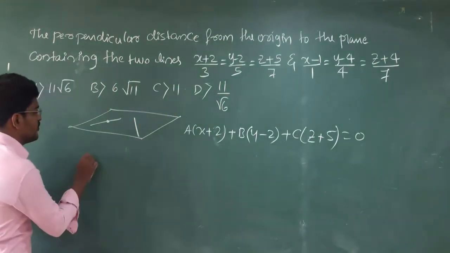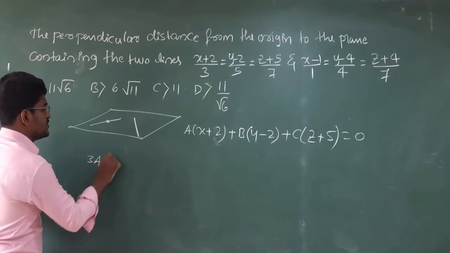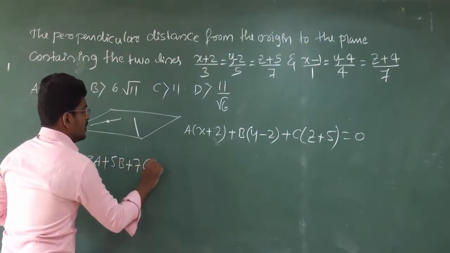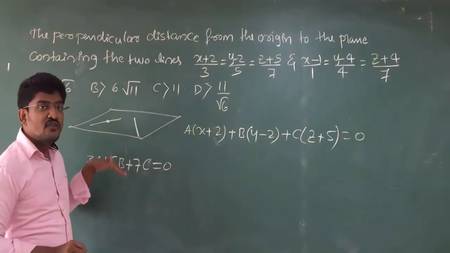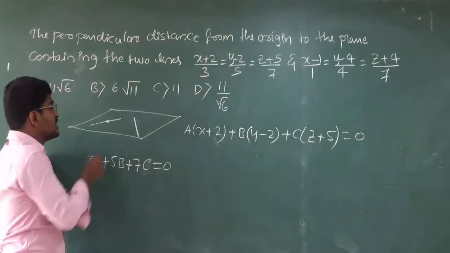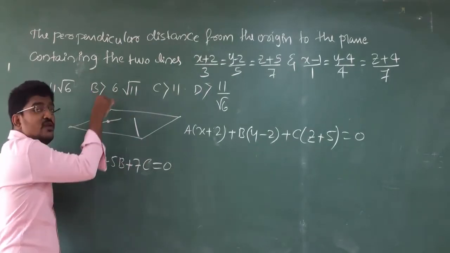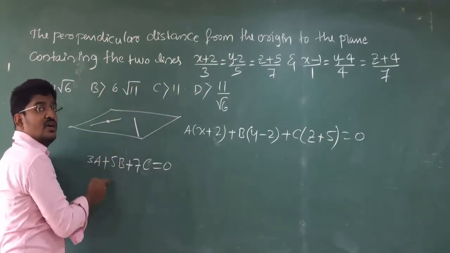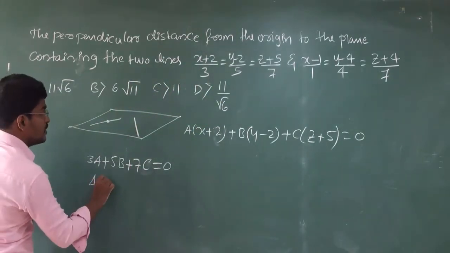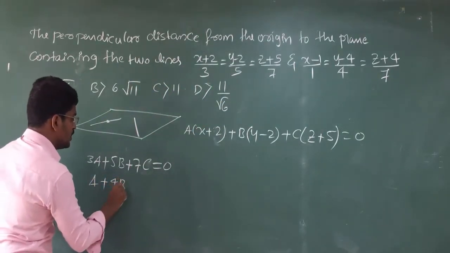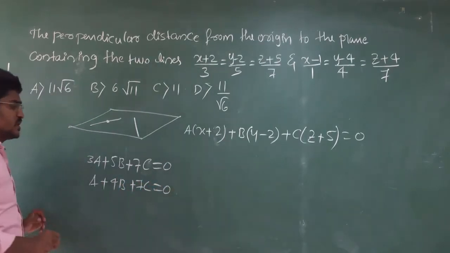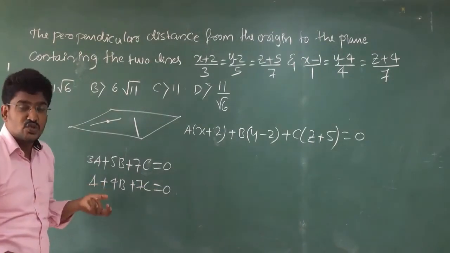See, if I write the equation 3A plus 5B plus 7C equal to 0, this is one of the equations, by using the direction ratios of the first line, that is nothing but the perpendicular line to L1. Next one will be what? A plus 4B plus 7C will be equal to 0. So these will be the two direction ratio equations.